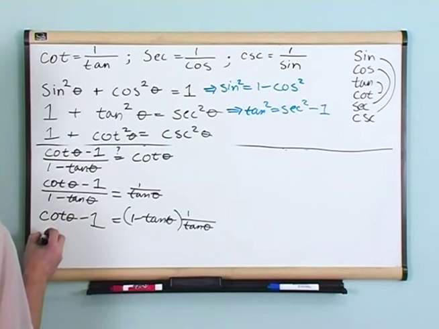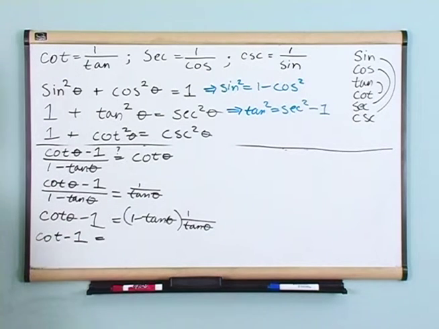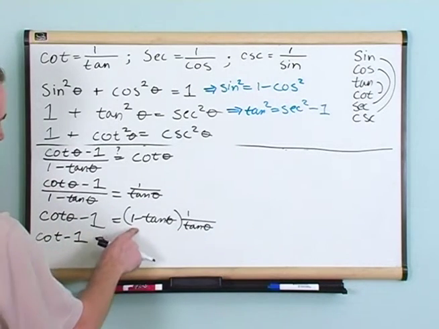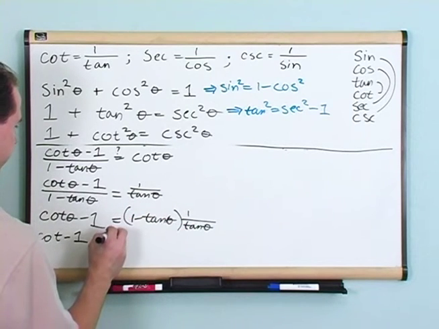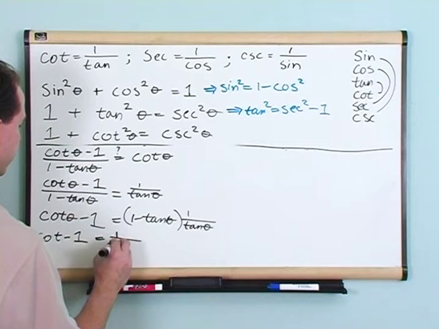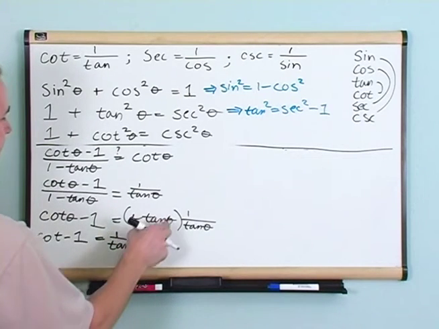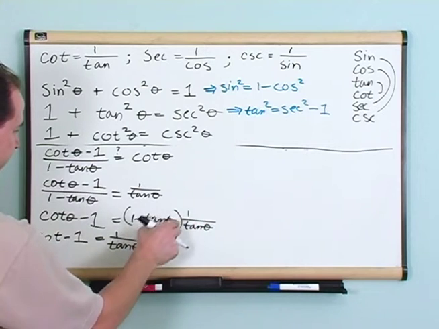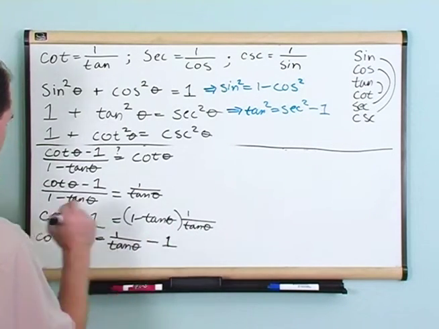And so this will be cotangent minus 1 equals, if I multiply this term in, 1 over tangent times 1 is again 1 over tangent. And then this will be minus tangent over tangent, because tangent times 1 over tangent will be tangent over tangent, which is 1. So I'll have a 1 right here.